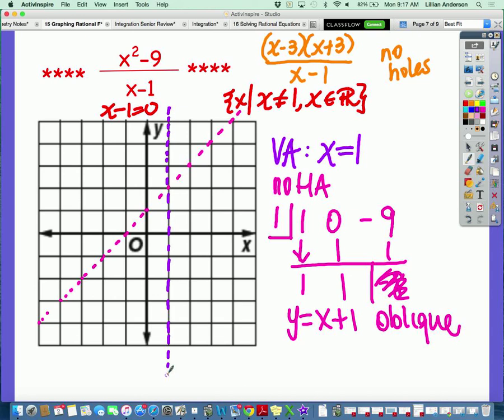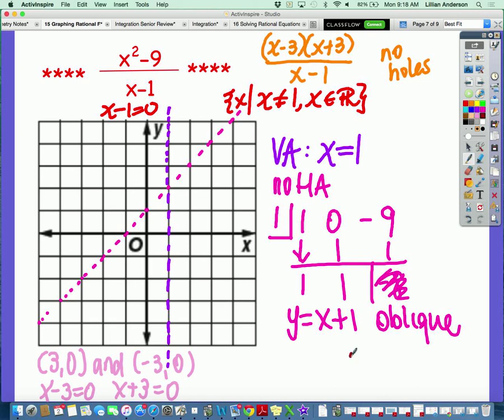Do I have any x-intercepts? Yes. Where? -3. And you get those x-intercepts by setting the numerator equal to 0. That's where those came from. Your y-intercept? 0, 9.